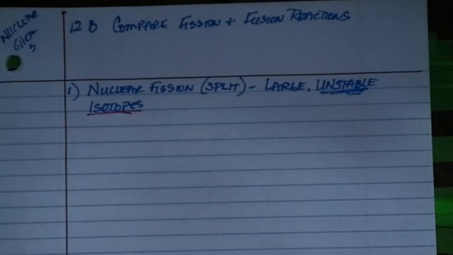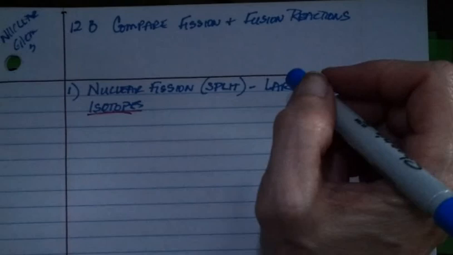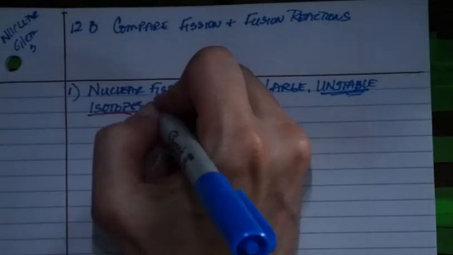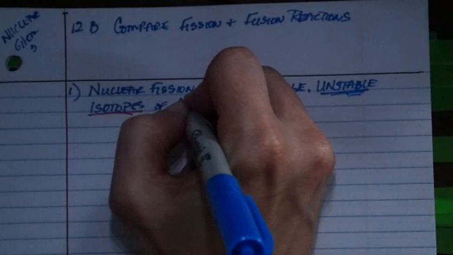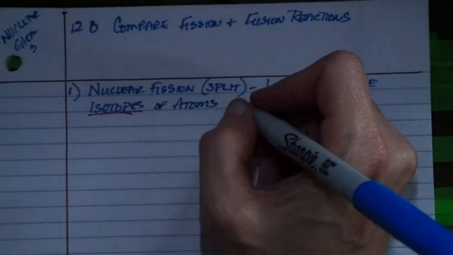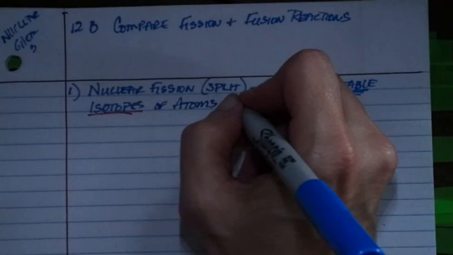So this is when you have large, unstable isotopes of atoms that split into smaller, more stable atoms.